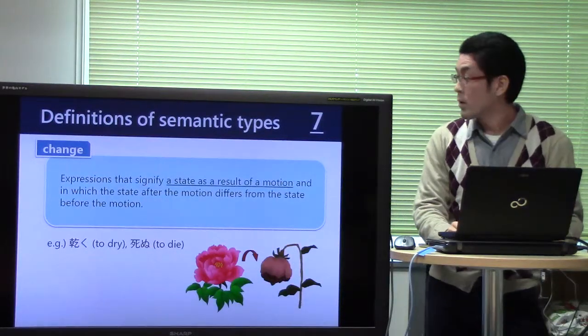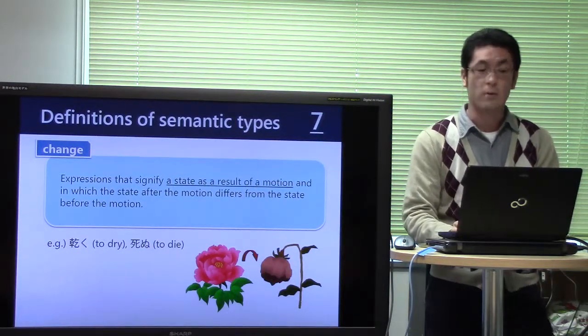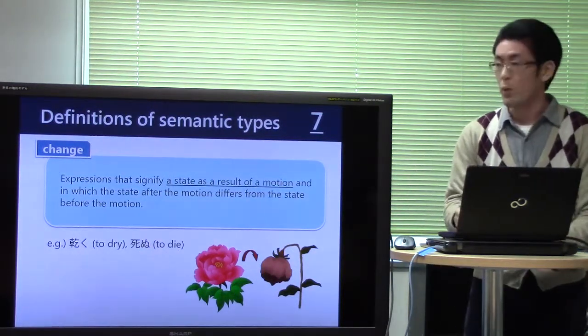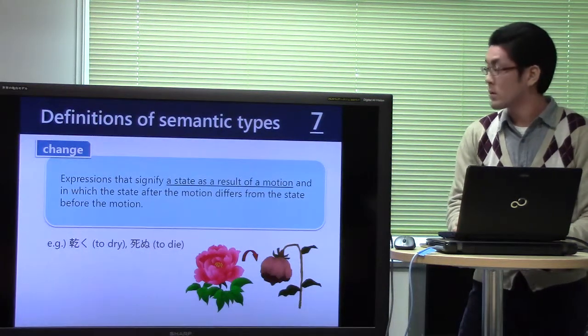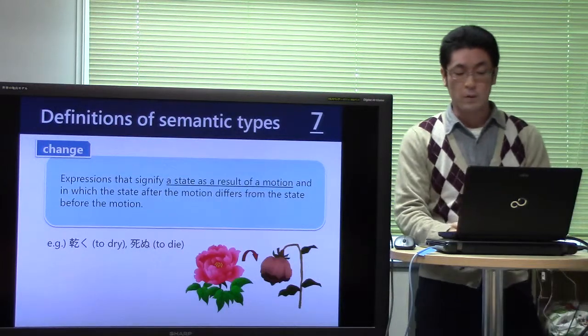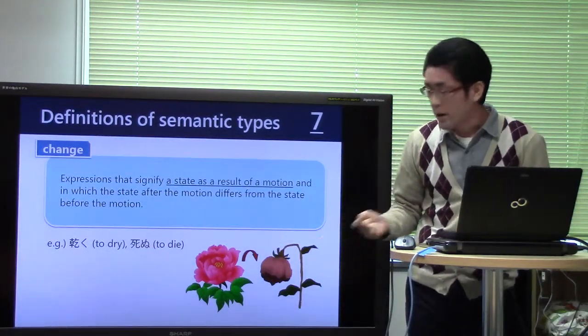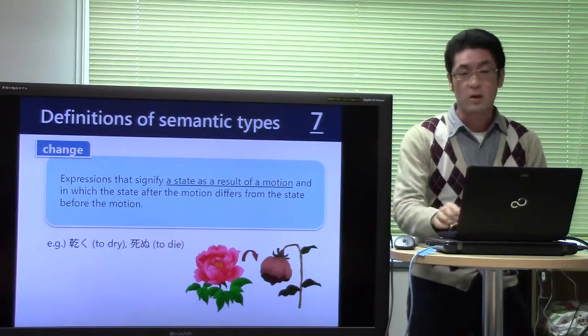And second, type change is an expression that signifies a state as a result of a motion, and in which the state after the motion differs from the state before the motion. For example, the verbs to try and to die have the type change.